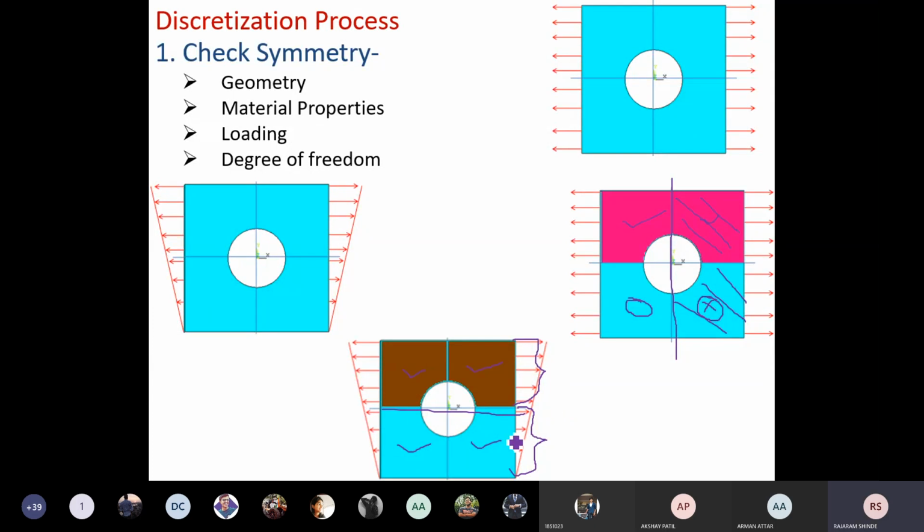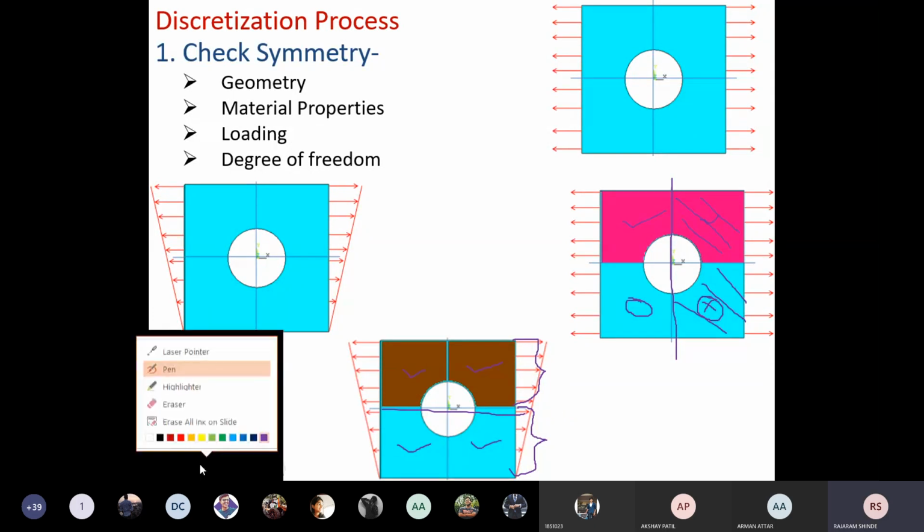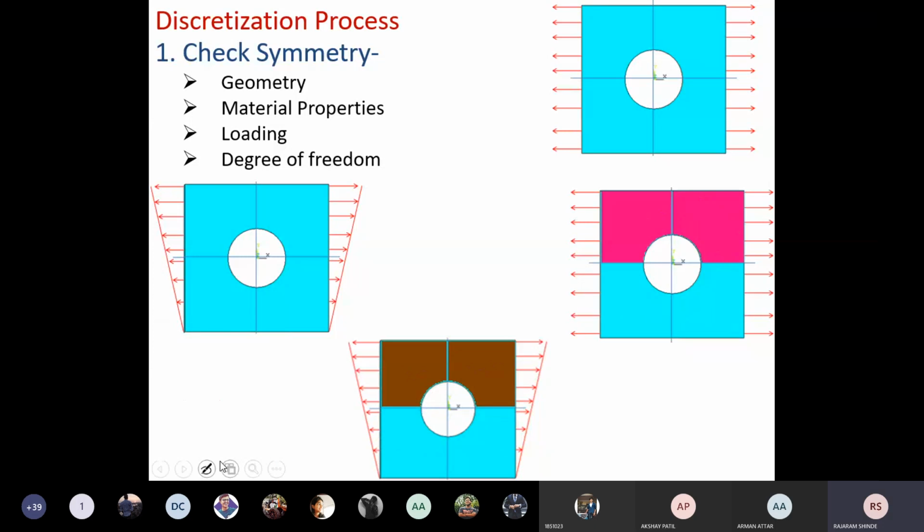Now here also, for this problem we can get the same results at this location and at this location. Here also you will get the same result at this location and at this location, but results at this location are not symmetric about this axis, that means results which you are getting at this location, that same results you will not get at this location.